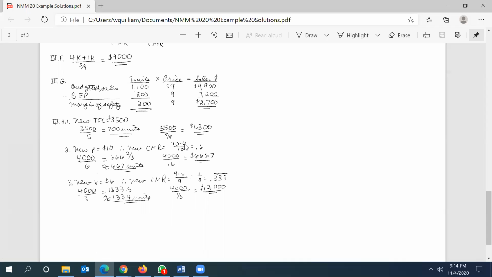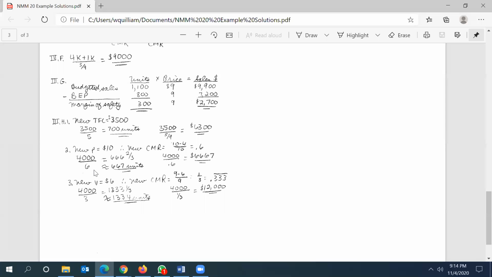So it'd be $6 per unit. Or in terms of ratio, divide that by 10: 0.6. So 60% of our sales revenue is left over as contribution margin. Or you can see on the other hand that out of every dollar that we sell, 60 cents will be left over as contribution margin.